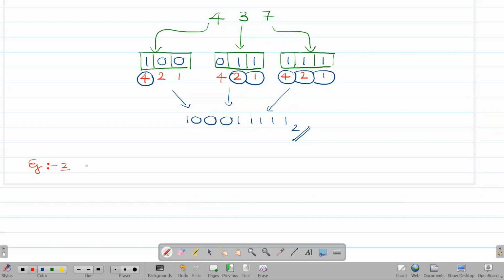Example number 2, let's say convert (4BF) base 16 into its binary equivalent.